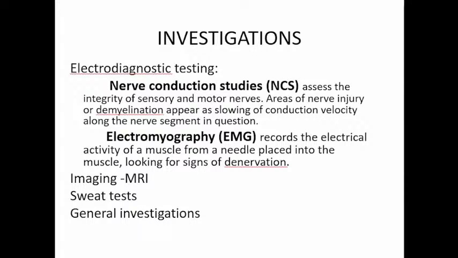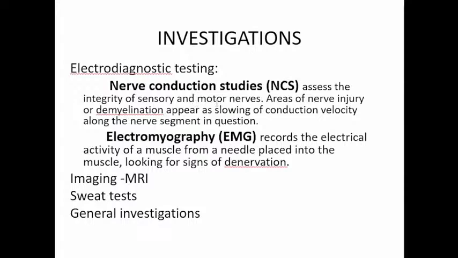Apart from that, there are some specific investigations which one can ask for, basically nerve conduction tests and EMG. Nerve conduction test assesses the integrity of the sensory and motor nerves, okay? Because if the nerve is being pressed, then the impulses will not flow normally. For carpal tunnel syndrome, you'll put one electrode around the elbow, another one in the fingers, and check how the nerve impulses are passing through.